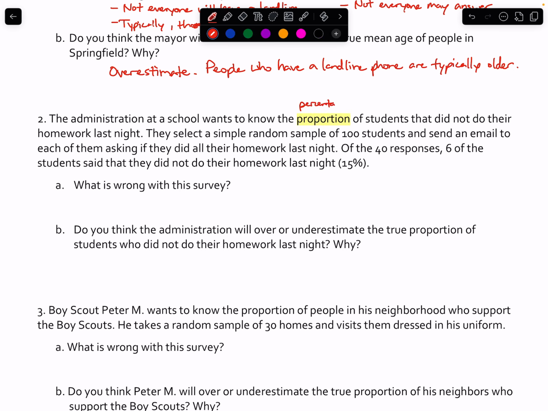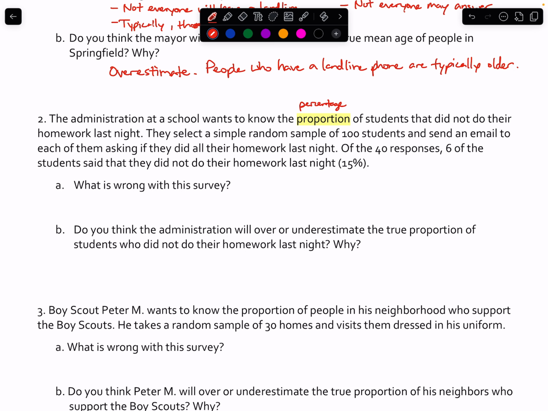Of the 40 responses, 6 of the students said that they did not do their homework. So 6 out of 40 turns into 15%.